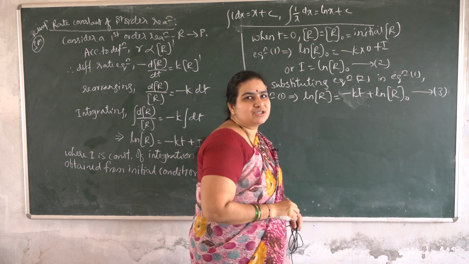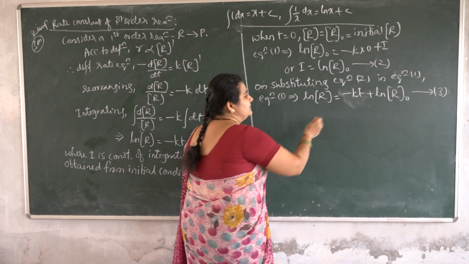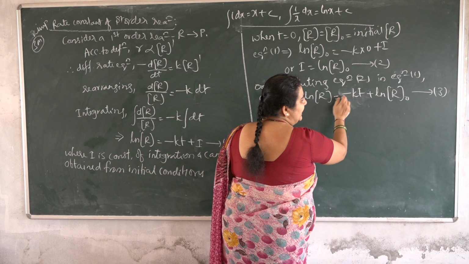So, I want this equation after simplification. Now here, kt is on the right side with the minus sign.